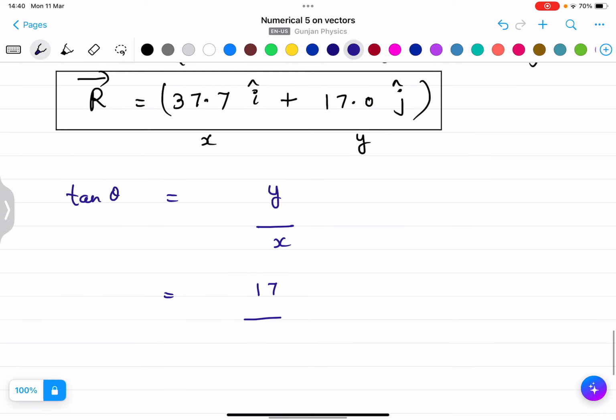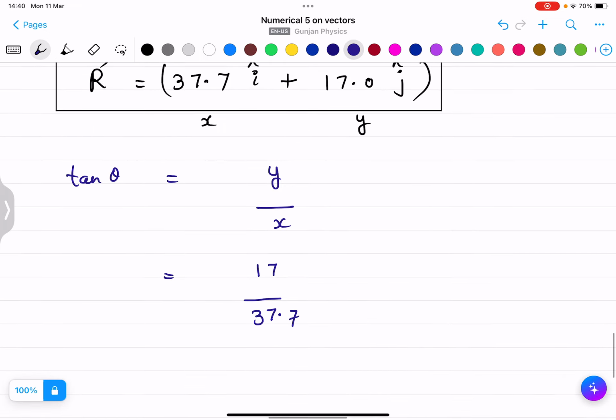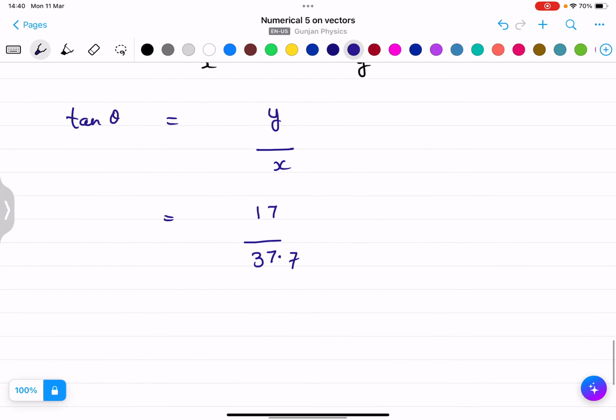And what is X here? 37.7. So theta equals tan inverse of 17 by 37.7. So 17 divided by 37.7 equals this, and shift tan inverse.